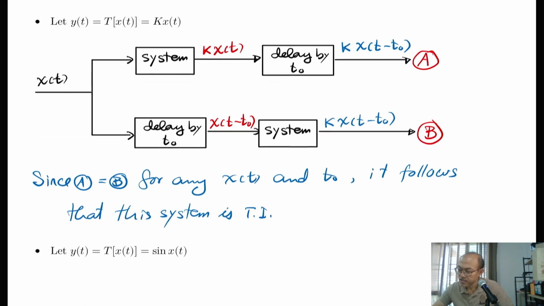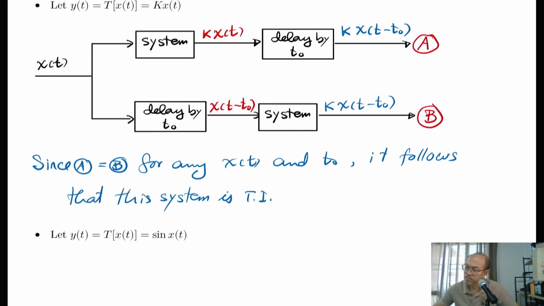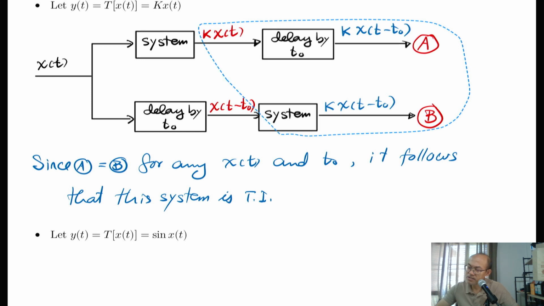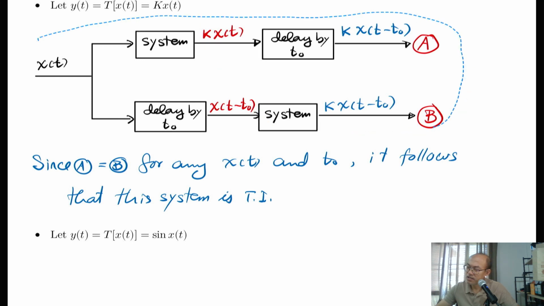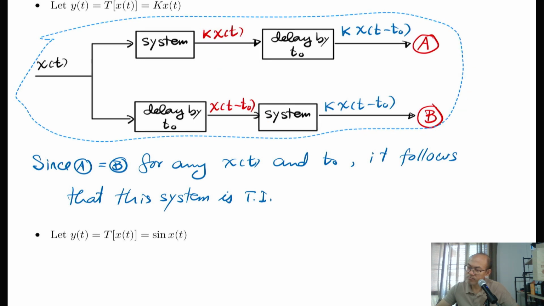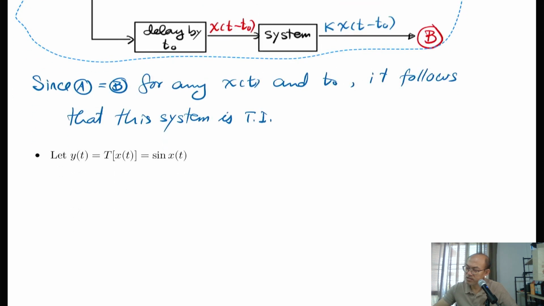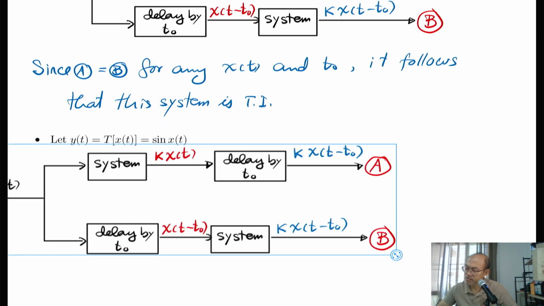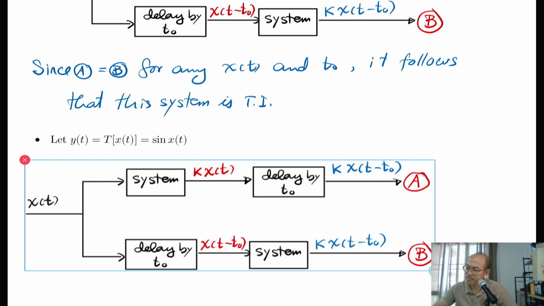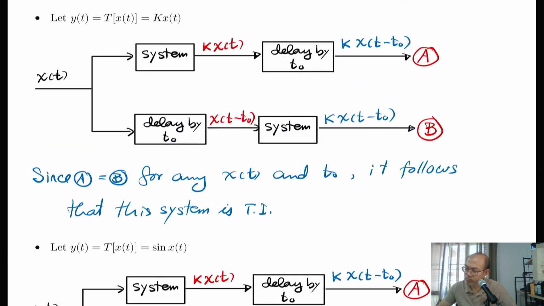Okay, now let's look at another example. I'm going to copy it again, this way we can go faster. Now the system in this example is whatever we have for the input, it will output the sine of that input.